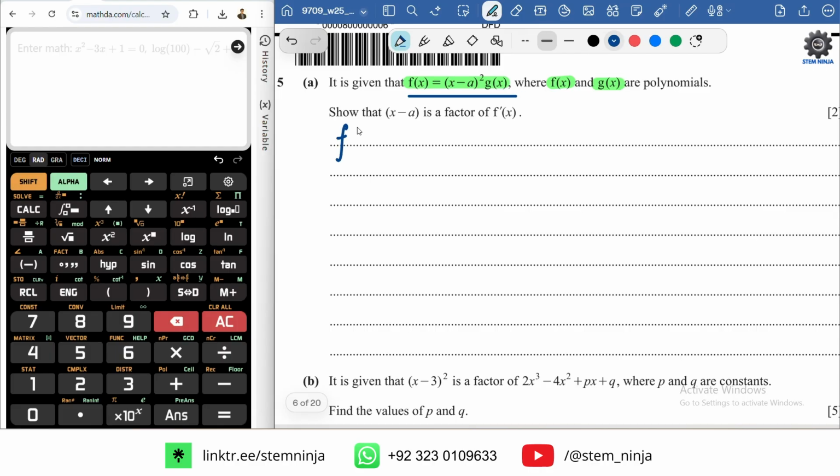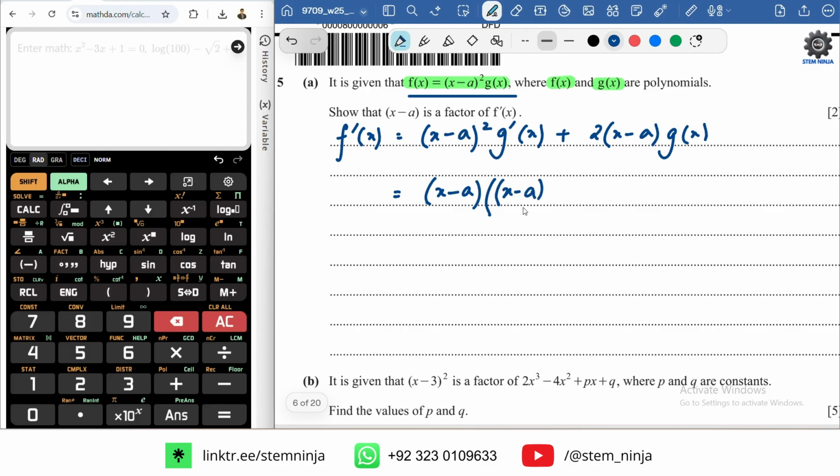So f prime of x would be x minus a whole squared g prime of x plus 2 times x minus a times g of x. So you can factorize out x minus a.